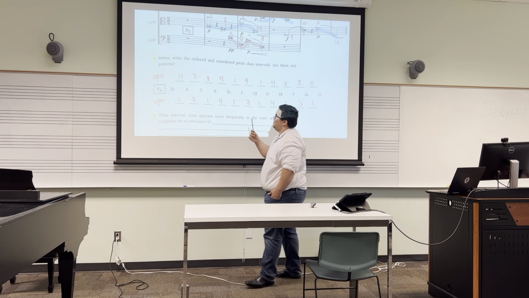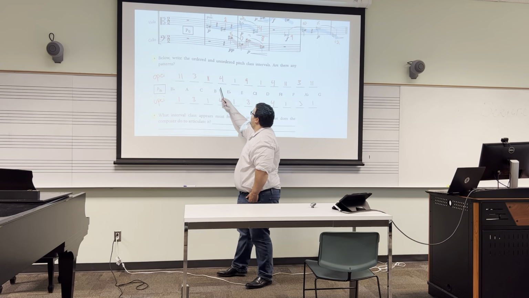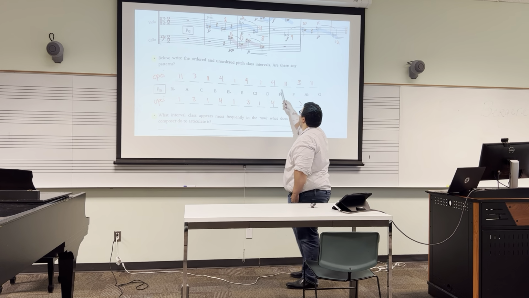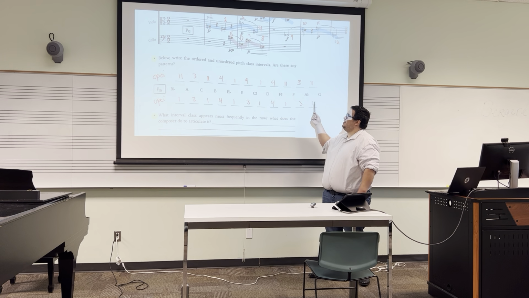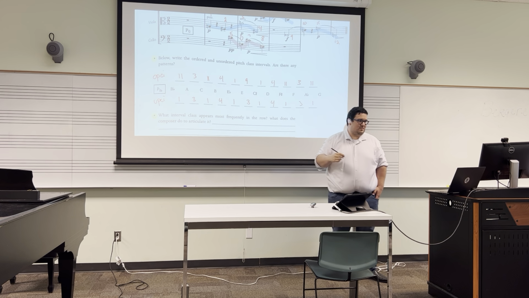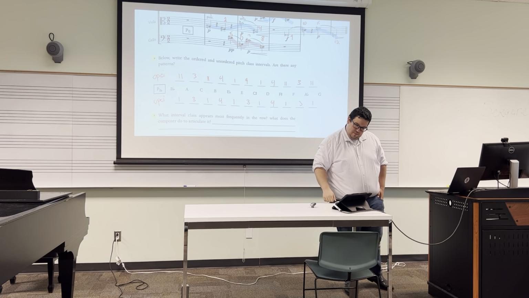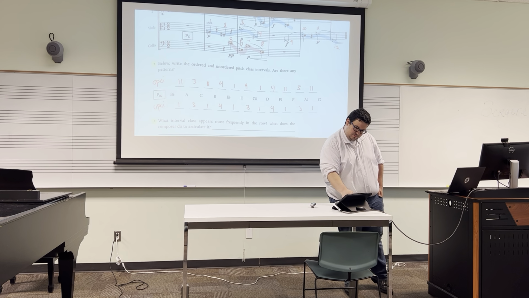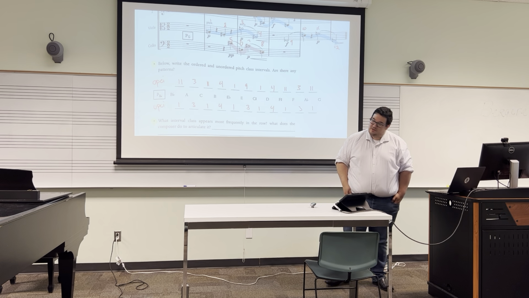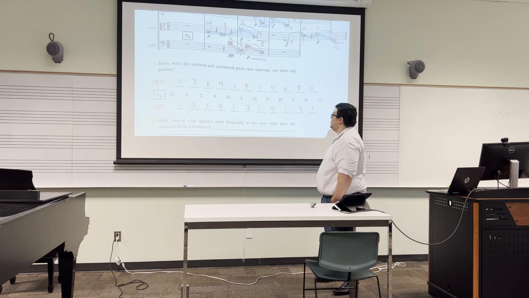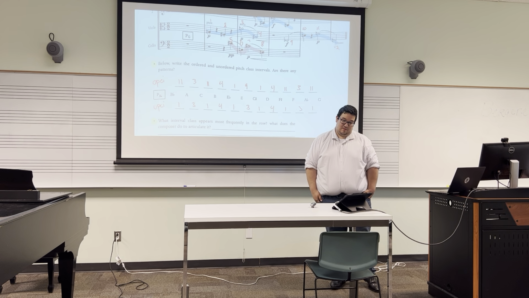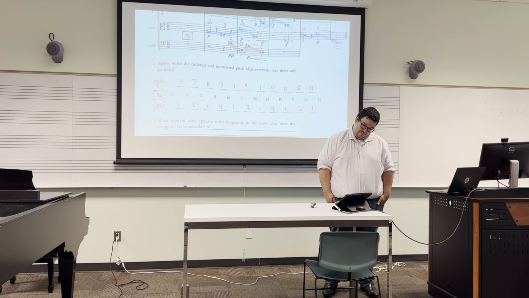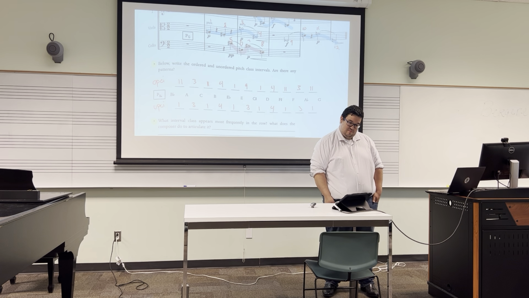And then here we have 11 3 11 4, 1 9 1 4, 11 3 11. Not quite as pretty of a pattern as the unordered pitch class intervals. So the answer to the next question, what interval class appears most frequently in the row? What is that?